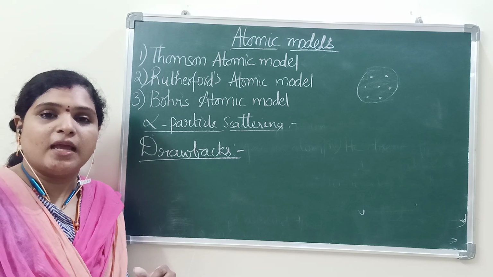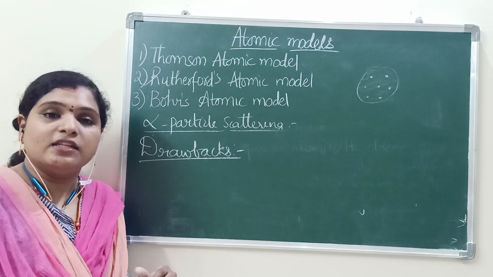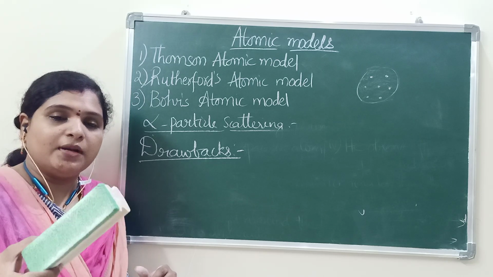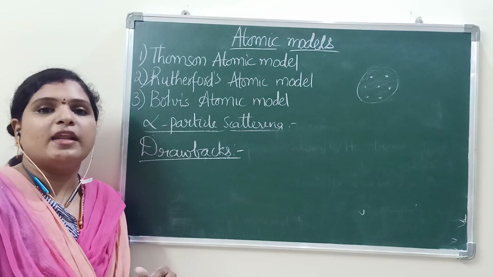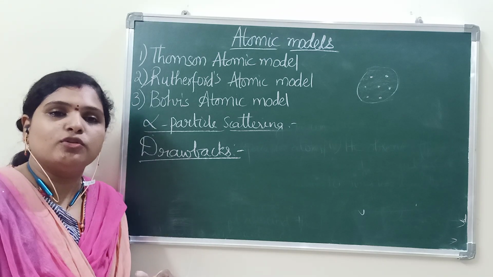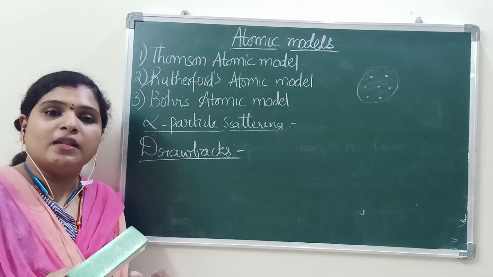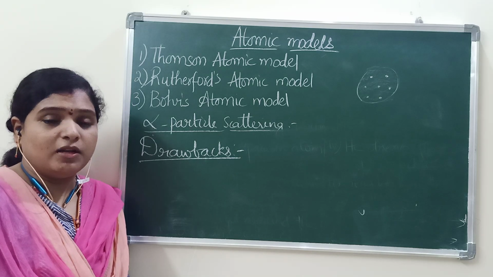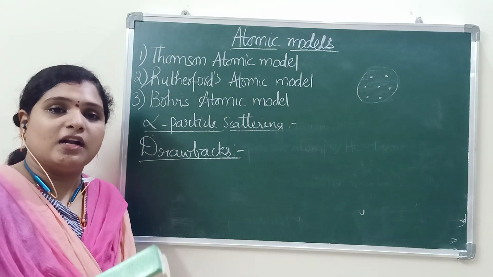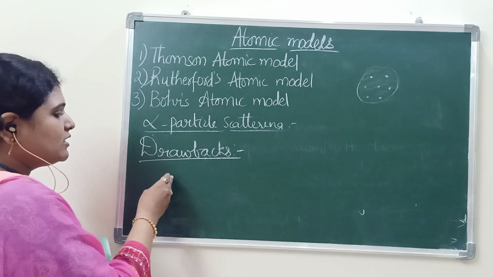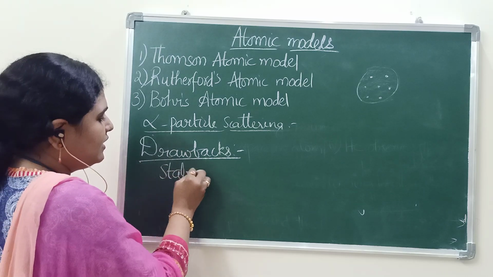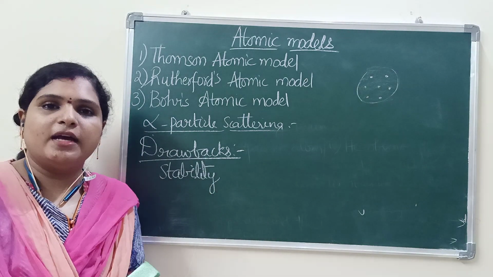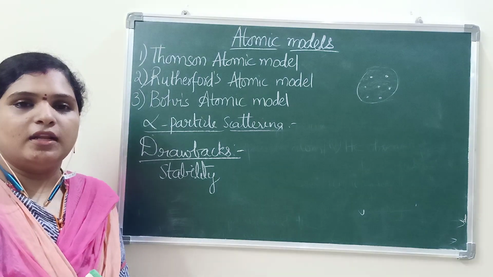At some point of time, it will lose the energy completely. Then it has to spiral down and fall into the nucleus. Then the stability will be disturbed. But atoms are perfectly stable. So what didn't he explain? The stability. This is a drawback of Rutherford's atomic model.